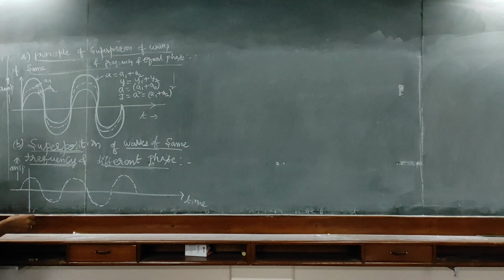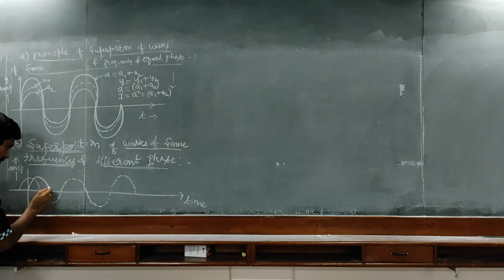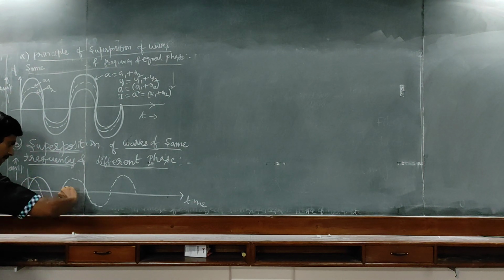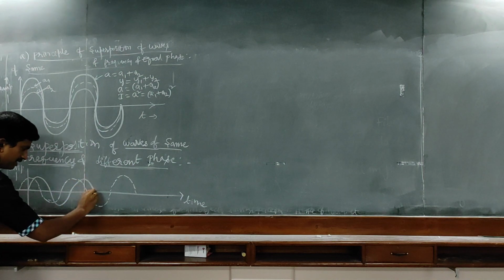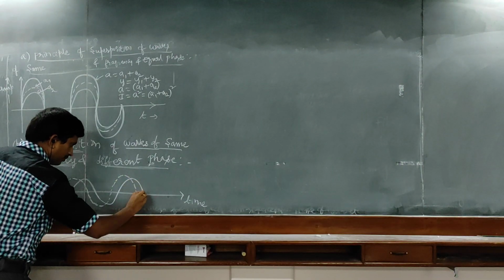And the second wave is represented by a continuous line, whose amplitude is A2.